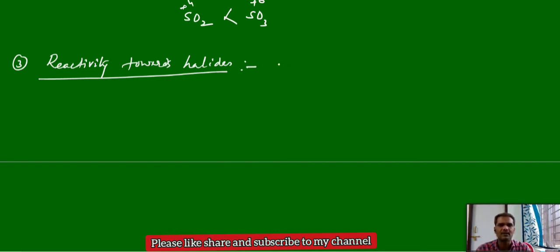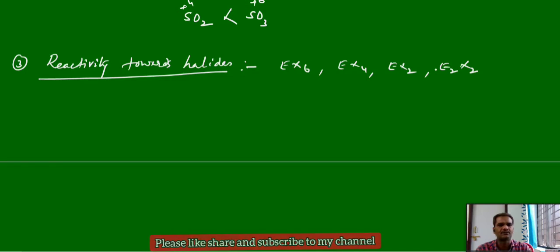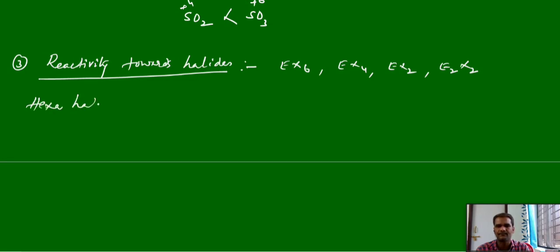They are hexahalides, EX6 type, tetrahalides, EX4 type, dihalides, EX2 type, and dimeric monohalides, E2X2 type. We can see them one by one. First we will go with hexahalides.